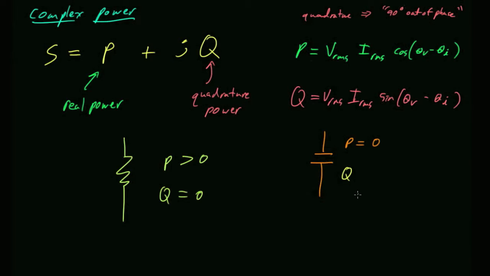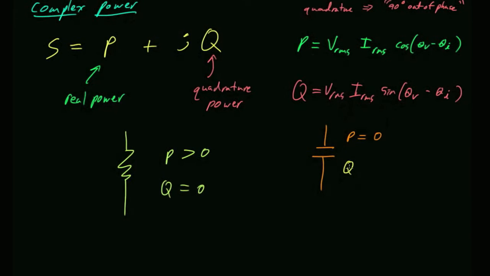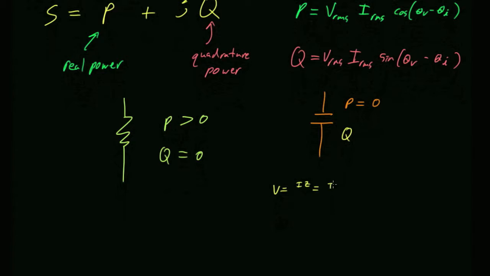If you've got a capacitor, remember it's V equals IZ, where Z is minus j over omega C. So if your V has some phase angle, in other words, this is going to be I times 1 over omega C, angle minus 90 degrees. So if your current has phase angle 0, what does your voltage have?